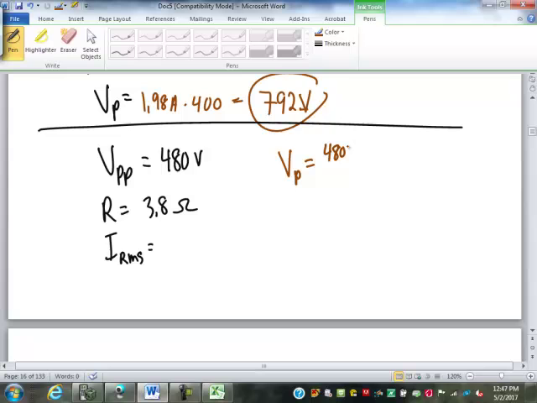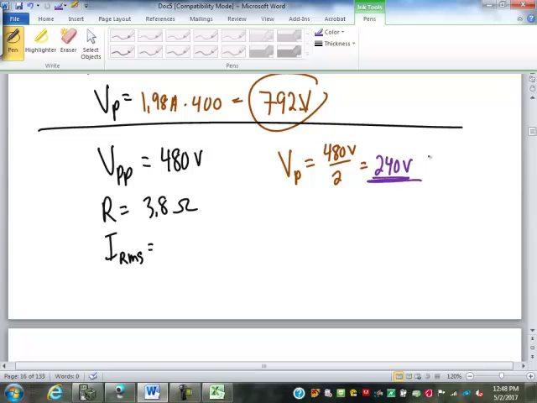So our first step is to turn that peak to peak voltage into just a peak voltage.